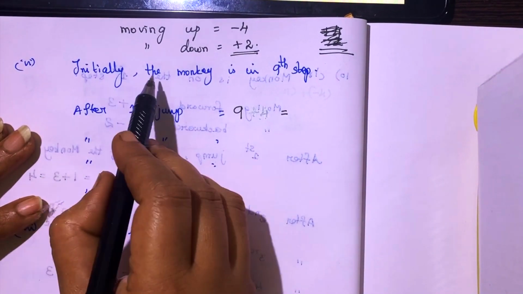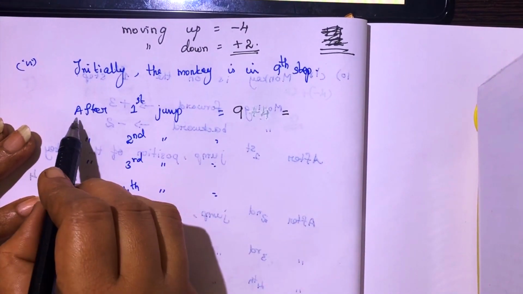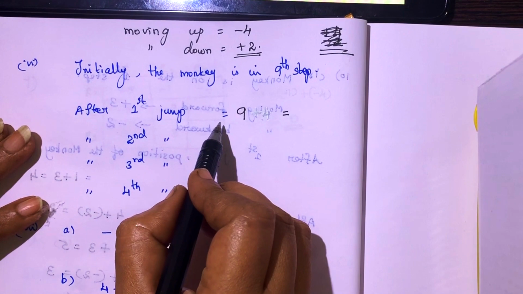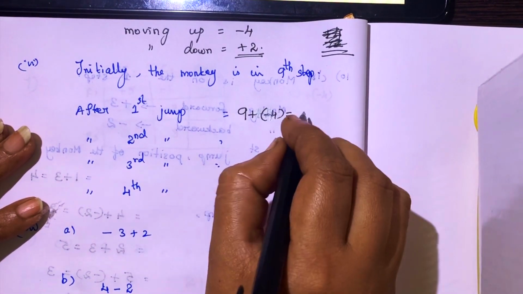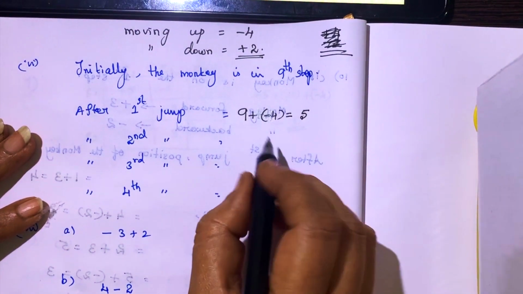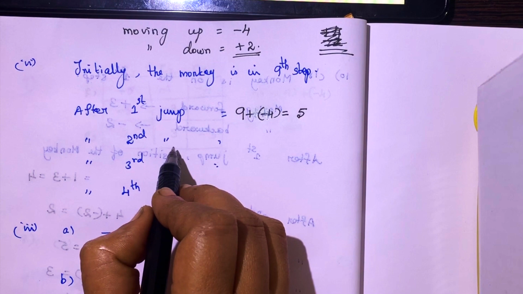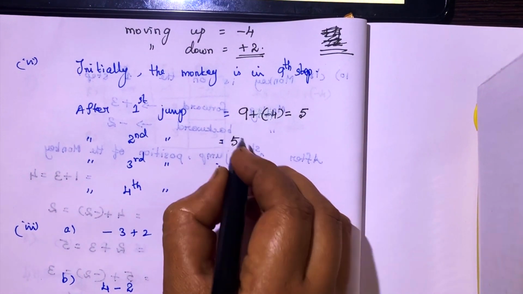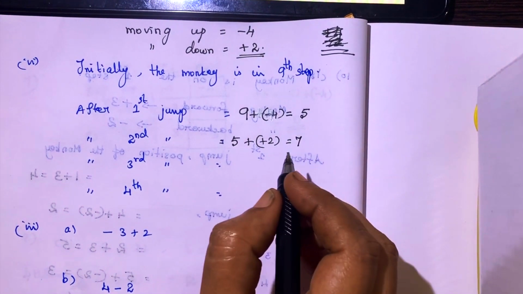So initially the monkey is on the 9th step. After the first jump, 9 plus minus 4 is equal to the 5th step. After the second jump, 5 plus 2, so the 7th step.